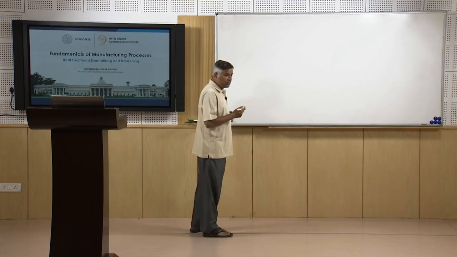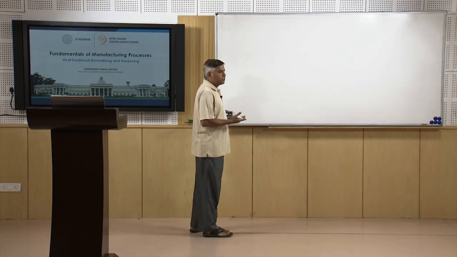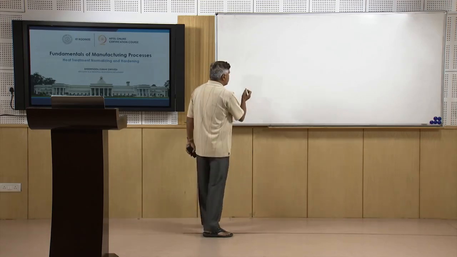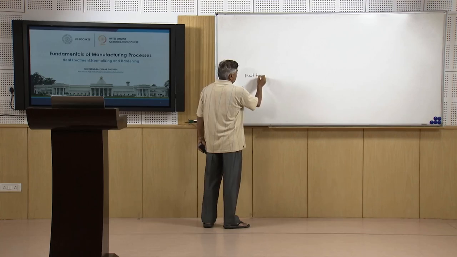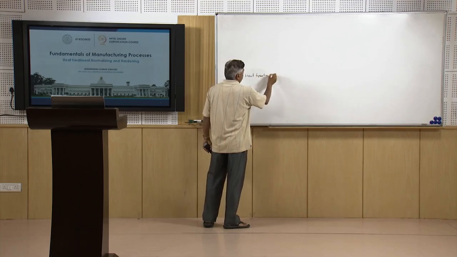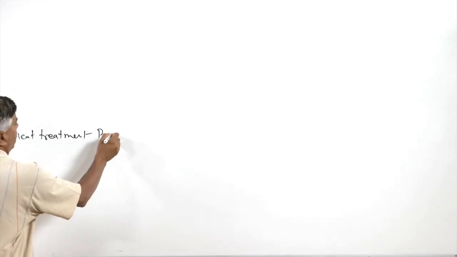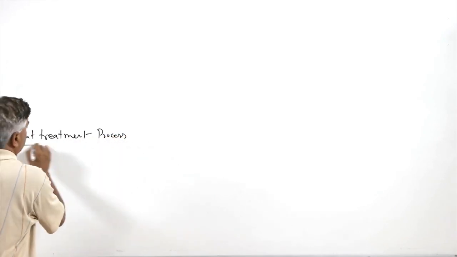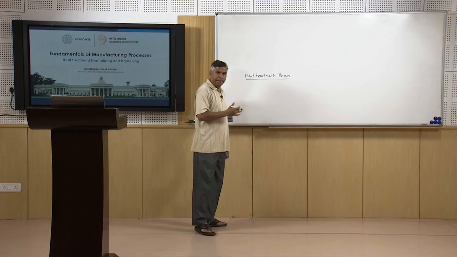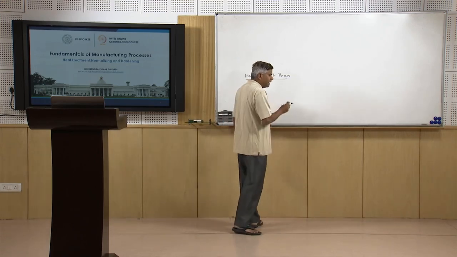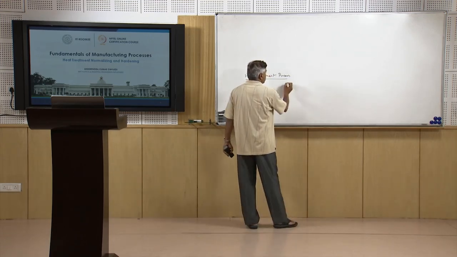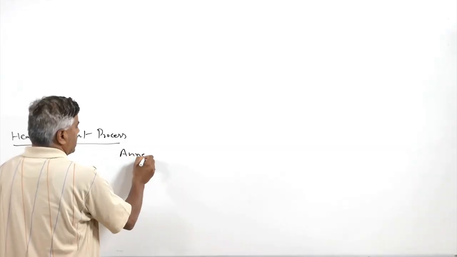Since we are talking about the methods for improving the properties of bulk materials, among those are the heat treatment processes, and in the last few lectures we have talked about the fundamentals associated with heat treatment processes, and also about the full annealing process, or you can say the annealing process.